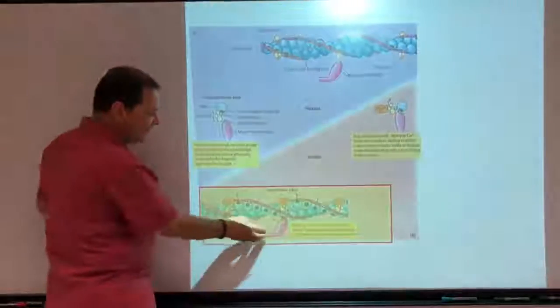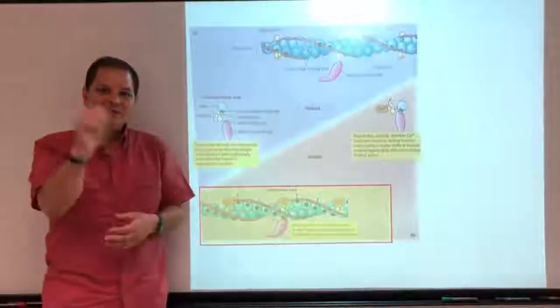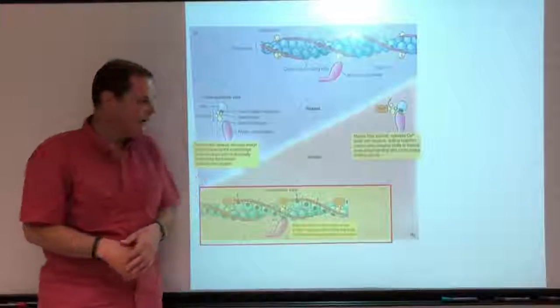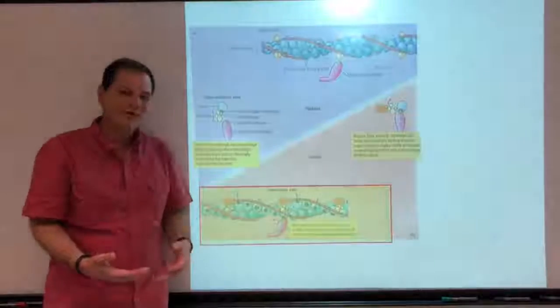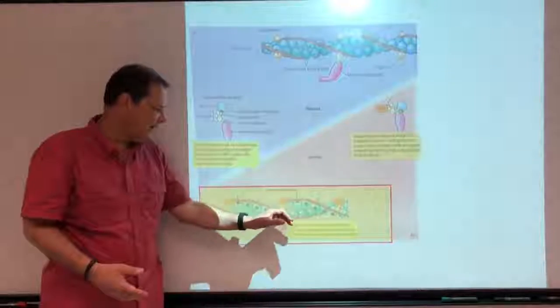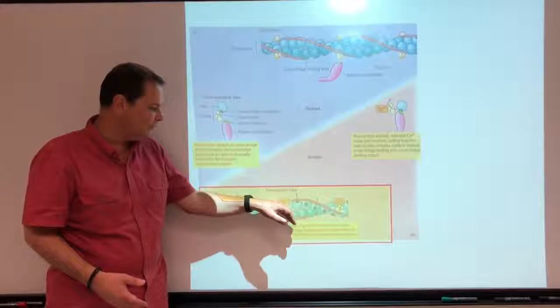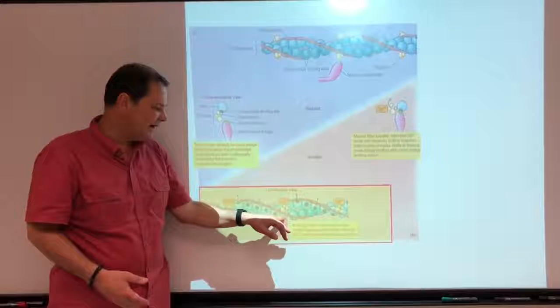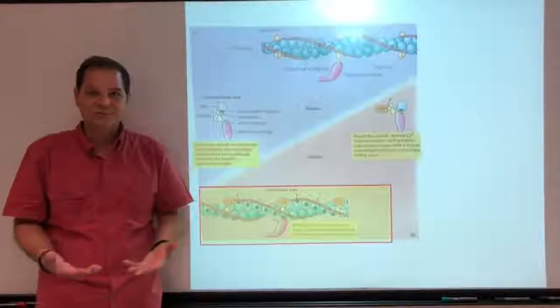And when it does that, it allows myosin to bind to the actin, and when it binds to the actin, you can get contraction, okay? So increased calcium in the cytosol causes the tropomyosin to be moved away from the myosin binding sites on actin, such that the two can interact, and now you can get contraction.